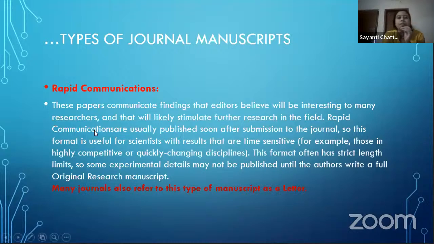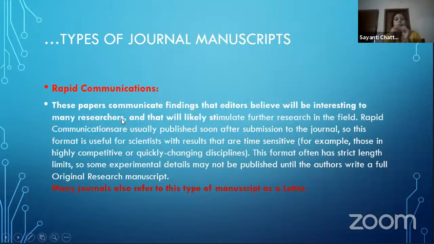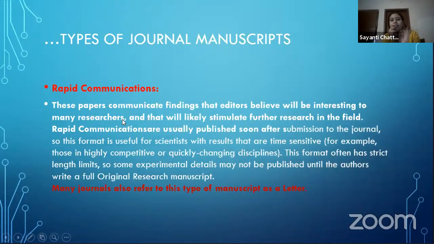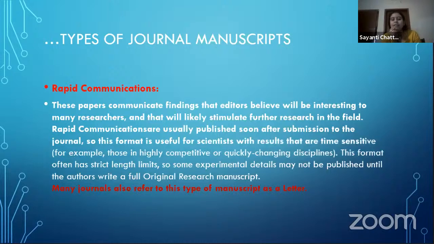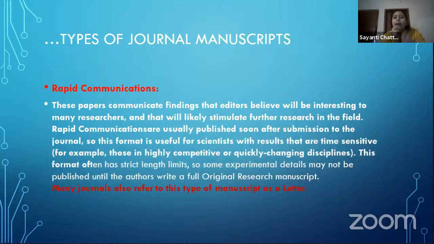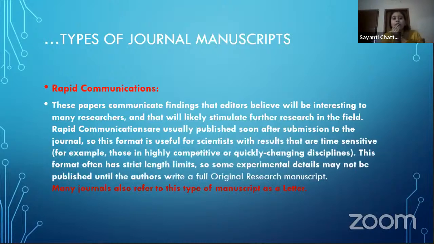Rapid communication means this paper communicates findings that the editor believes will be interesting. Maybe it is a small finding, you cannot write more about that, but it is interesting. So we have to submit it, and it will be published as soon as possible. The time taken for rapid communication is maximum 2 to 3 months.